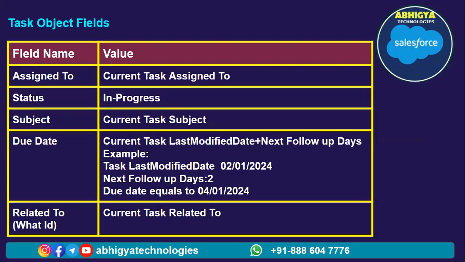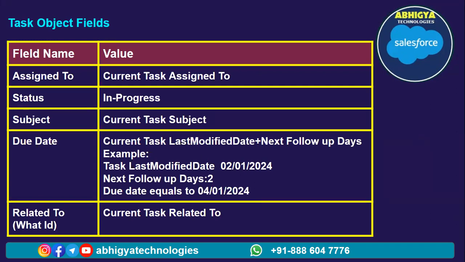Coming to the field mapping, the new task is created for the same opportunity. Assigned To is the current task owner. Status is In Progress. Subject is the current task subject. Due date, when the task is completed, is the last modified date plus the number of next follow-up days.